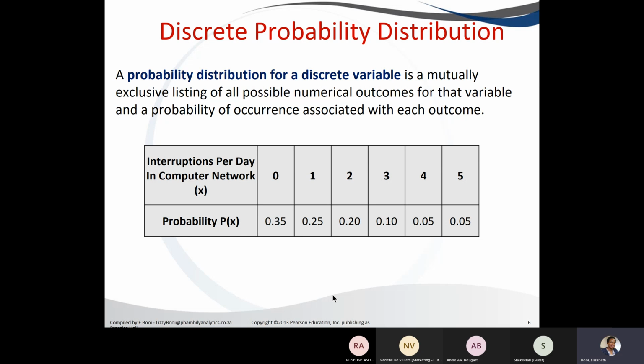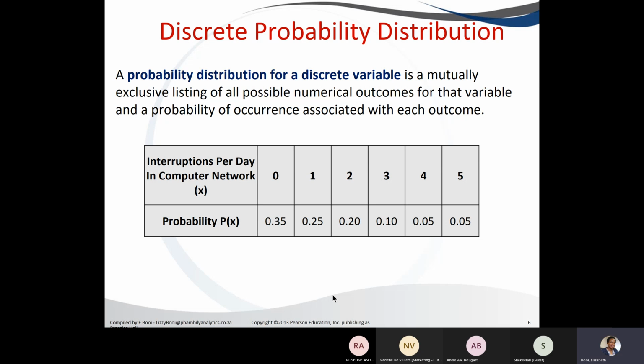And once they have recorded those interruptions, then they can calculate for that month or that period how many interruptions happened in that period. Let's say a day went by and there was no interruption in that day, the probability for that will be 0.35. Where there was 1 interruption, the probability will be 0.25.